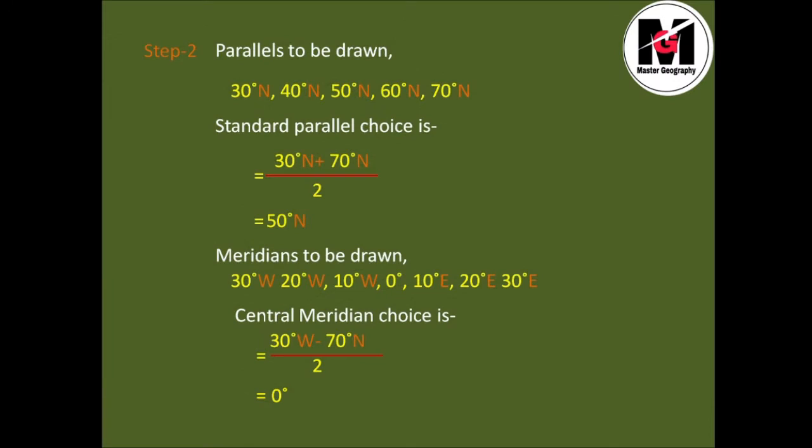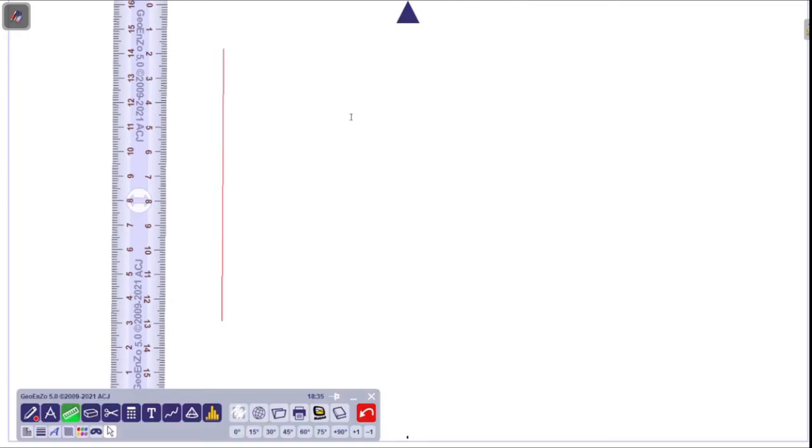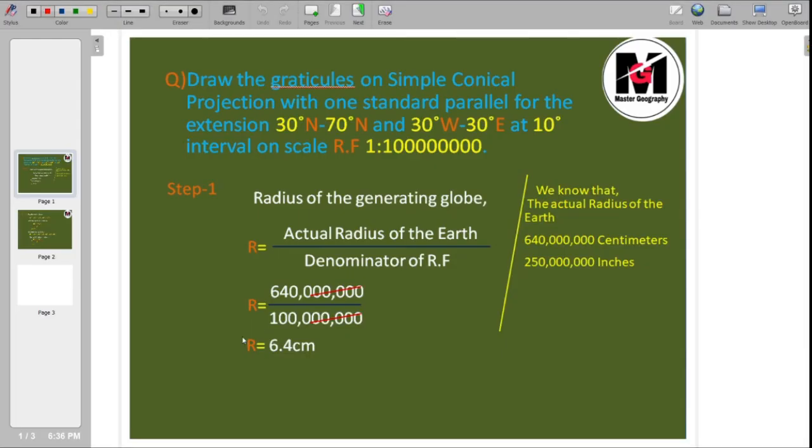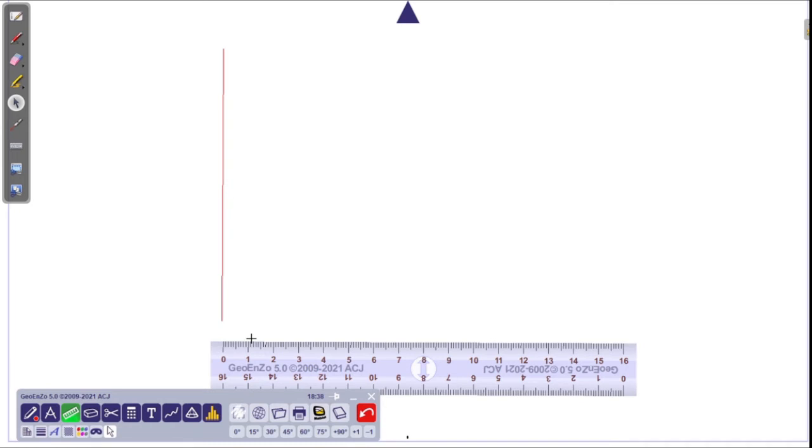Now I will have to draw the projection. For drawing the projection, first I have to draw a long line. Then I need the value of the radius of the earth, which we got as 6.4 centimeter. Now I will draw a horizontal line of 6.4 centimeter.